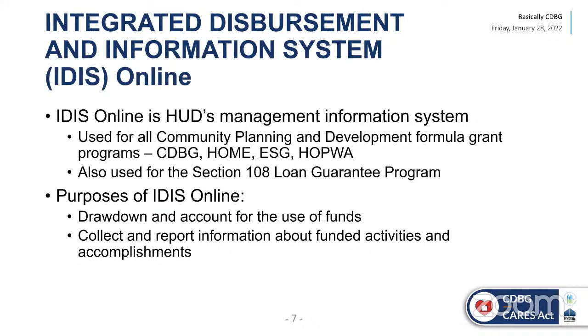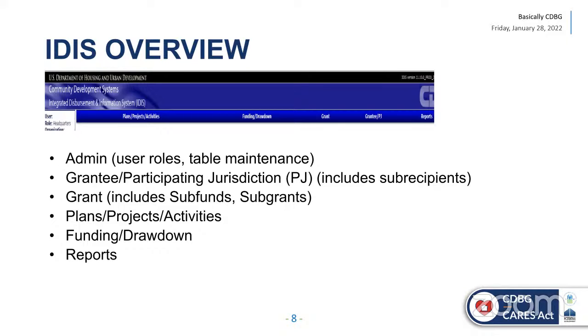Next slide, please. For most of the users, there are 5 modules: grantee, PJs, grants, plan project activities, funding and draws, and reports. Some IDIS administrators also have an additional module, called admin.